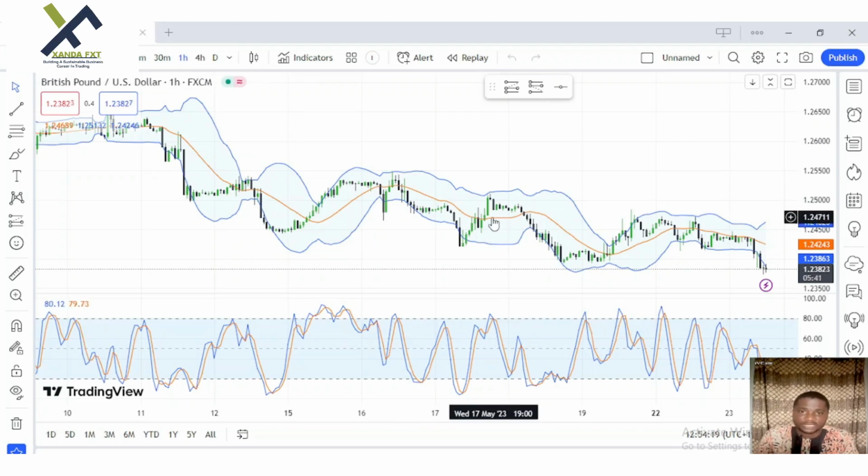Now, the 20 moving average helps us to measure the price trend and the volatility in price trend. The distance between the middle band to the upper band is 2 standard deviations, and from the middle band to the lower band is also 2 standard deviations. The higher the standard deviation, the higher the volatility recorded.